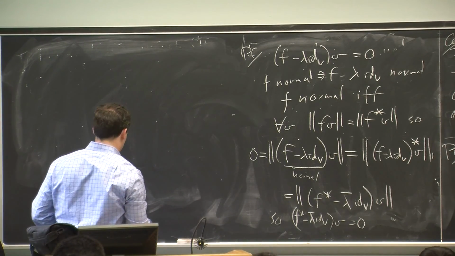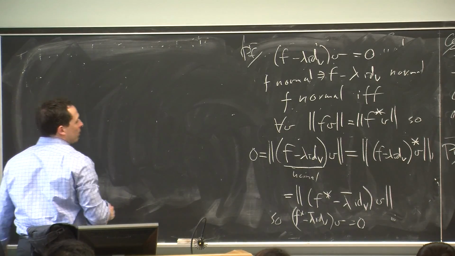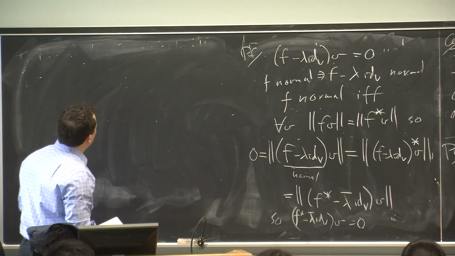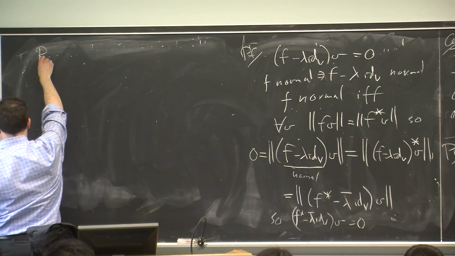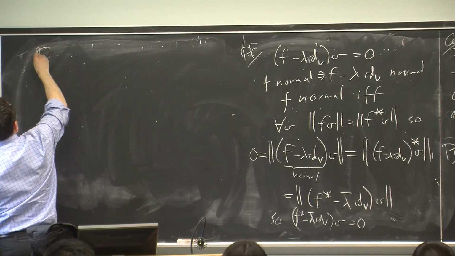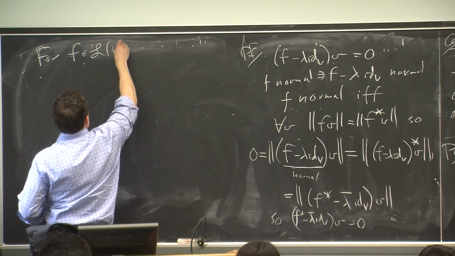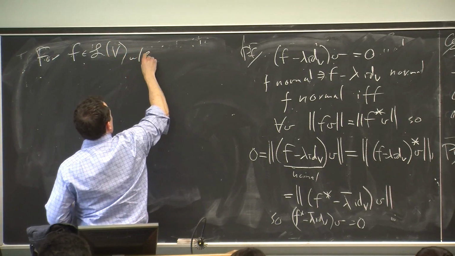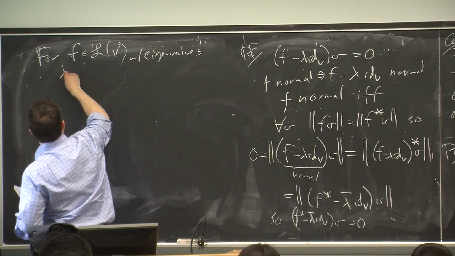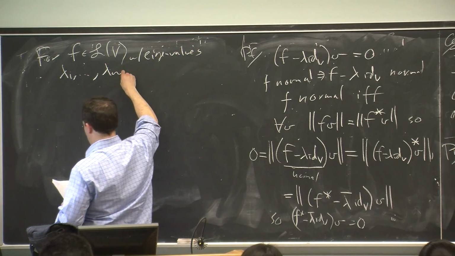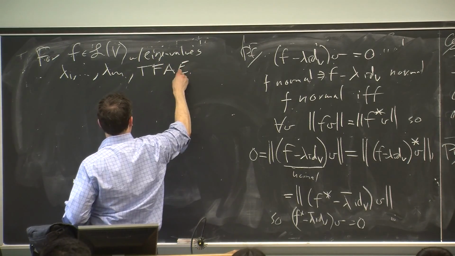So you can recall from the section on eigenvectors and eigenvalues that we care a lot about figuring out when an operator can be made diagonal. So if I have an operator and I have eigenvalues lambda 1 up to lambda m, then the following are equivalent.